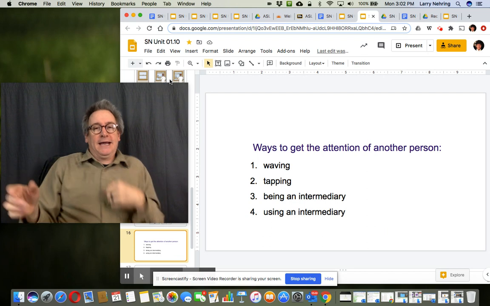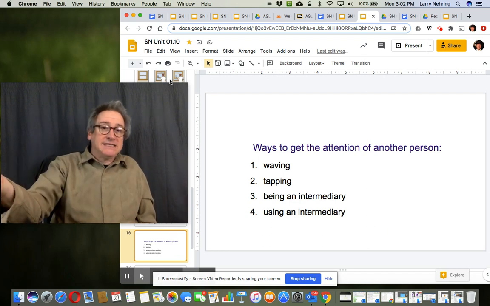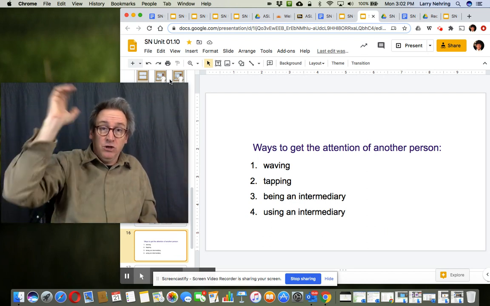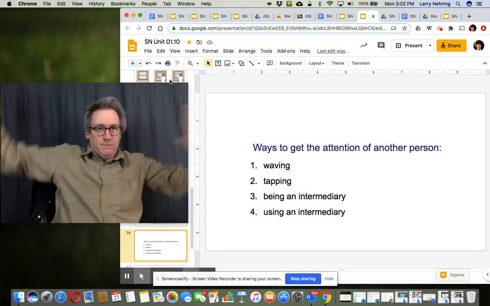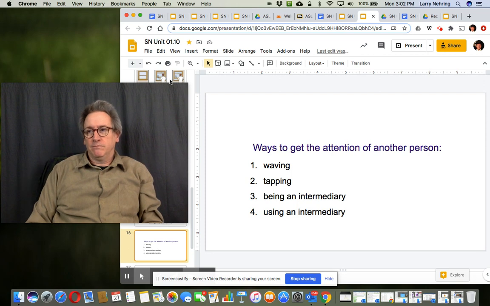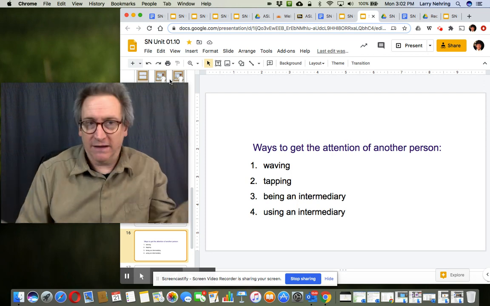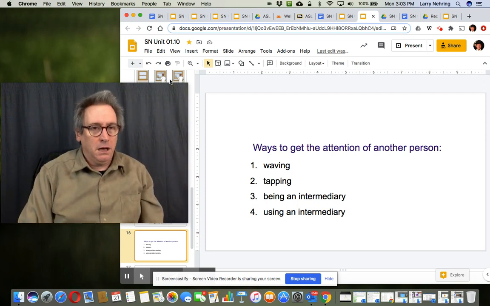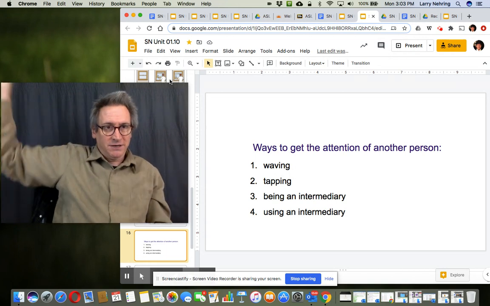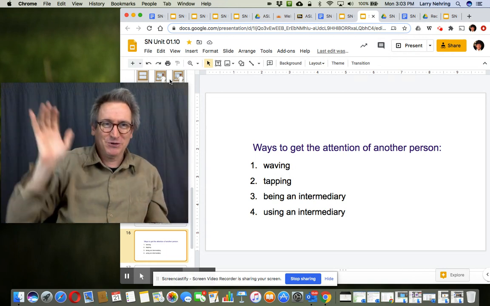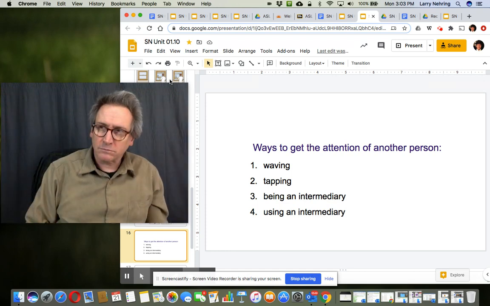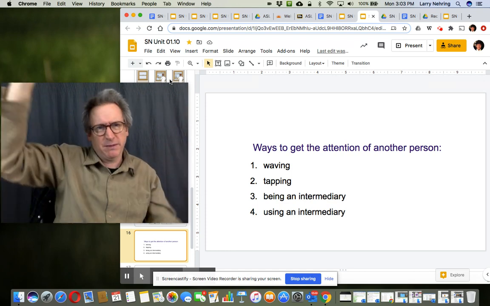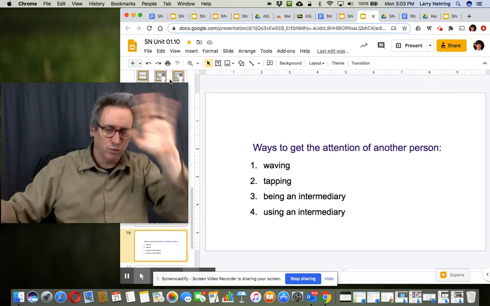And again, if you need to get someone else's attention, you can wave. However obnoxious you need to be. In deaf culture, everybody waves. I mean, unless you're at a big speech and you're in an audience, and it's still considered pretty rude to distract everybody else if something's happening. But in general conversation, parties, people are waving all the time.